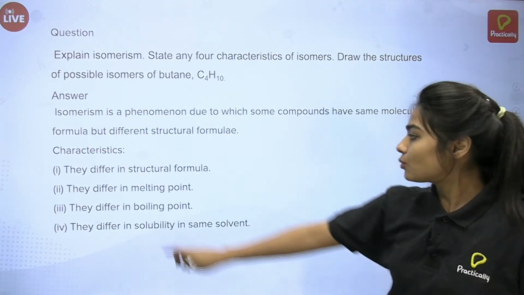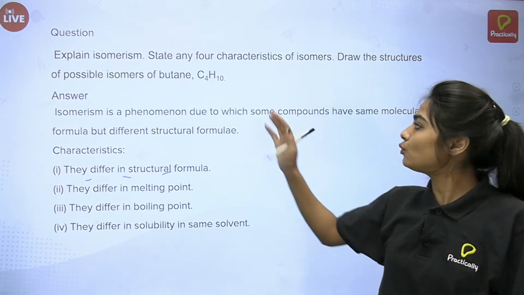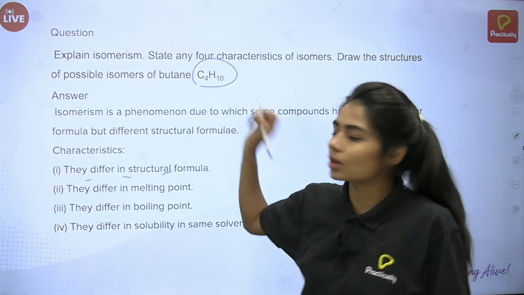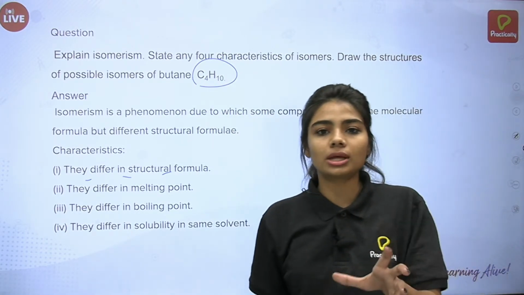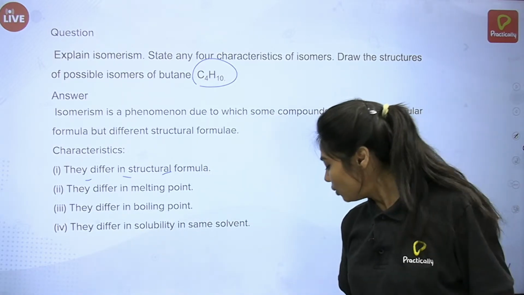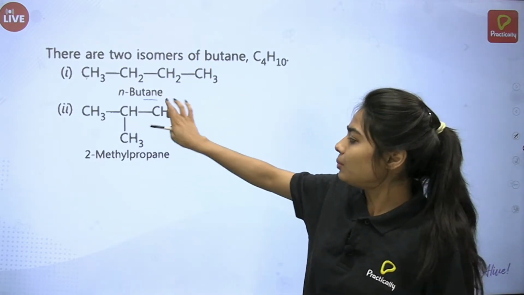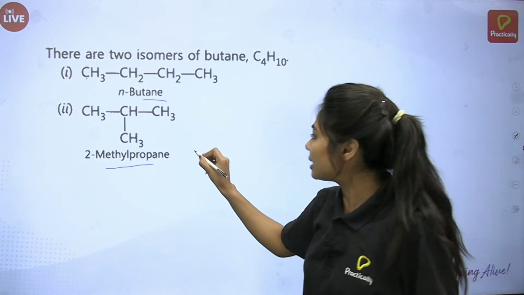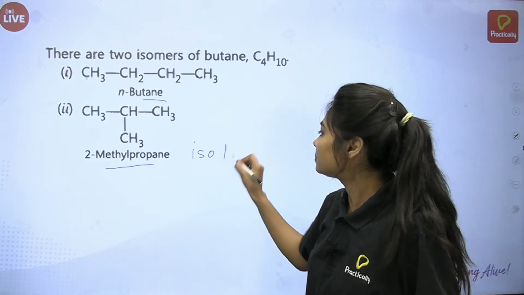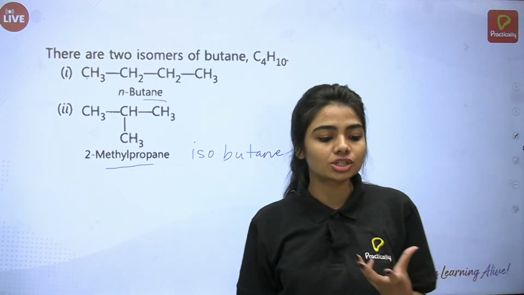And what are the four characteristics of isomers? Let's see. First of all, they differ in structural formula. So I have to show you first the structure of butane. Let us talk about the butane structure, then we'll come back to their characteristics. Here are both structures: n-butane and 2-methylpropane, that is isobutane. These are the two possible structures of butane.